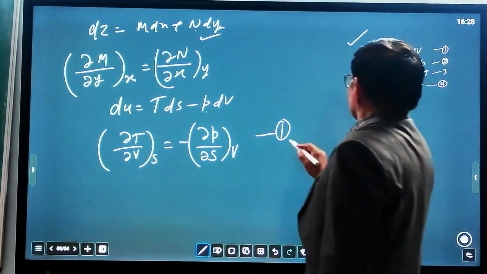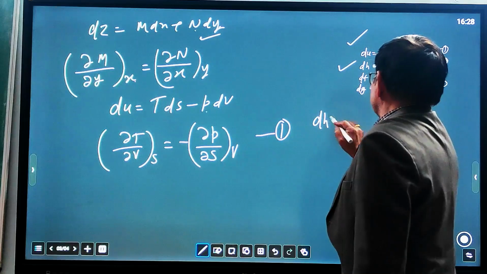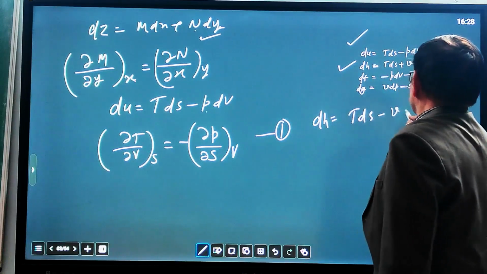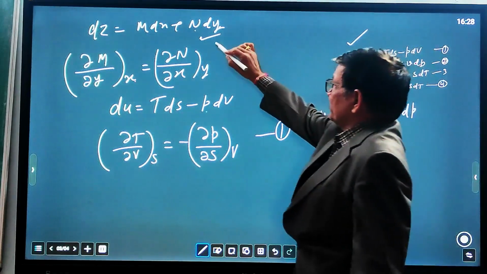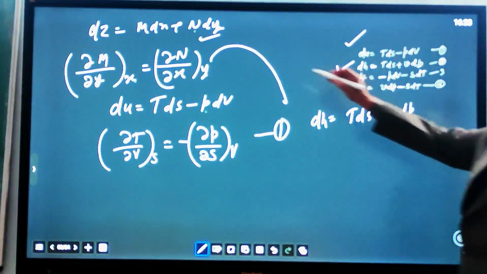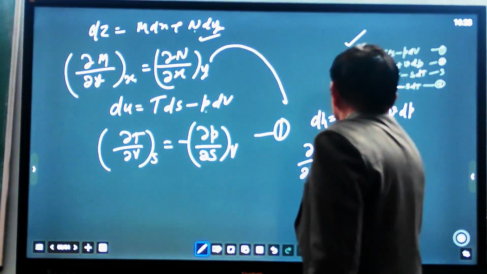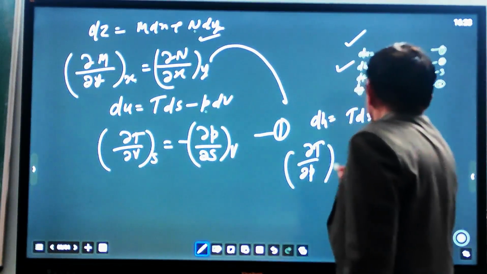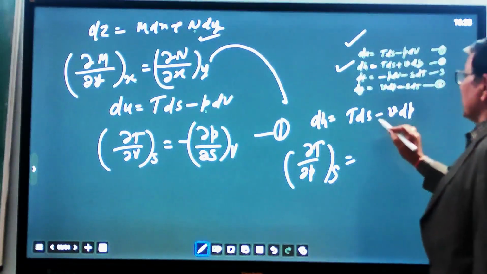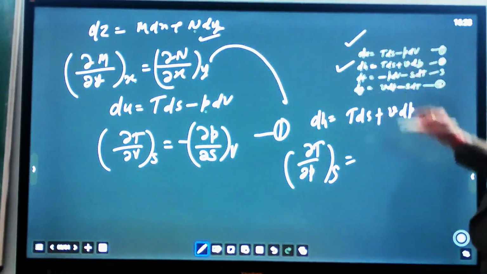Now taking the second equation, dH equal to TdS minus VdP, and making analogy with this one. So del T over del P at constant S equal to, this was a minus sign, here you see this is a plus sign.